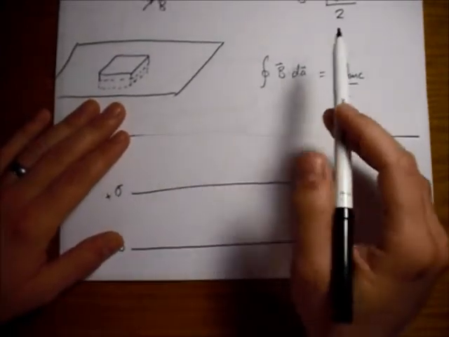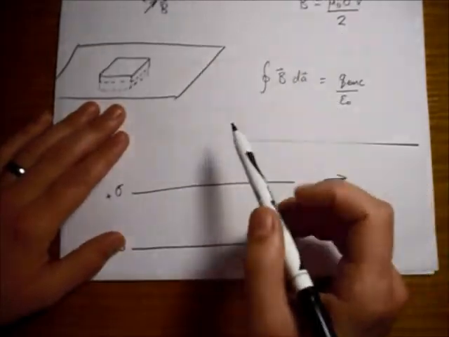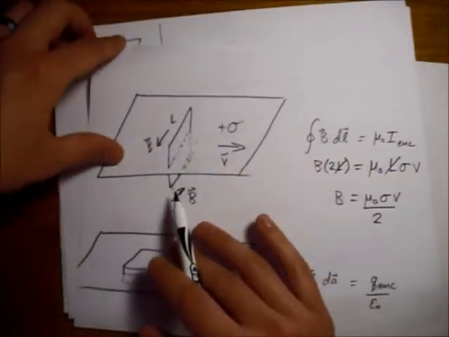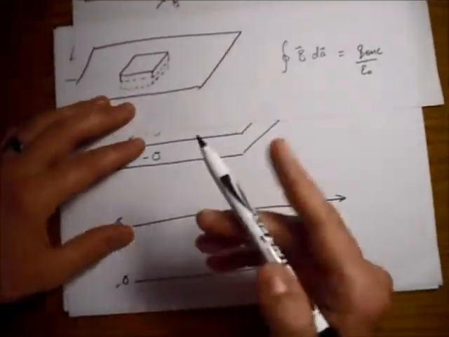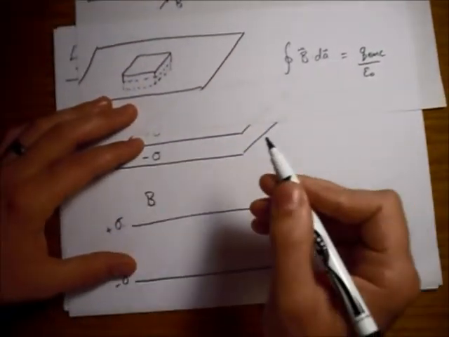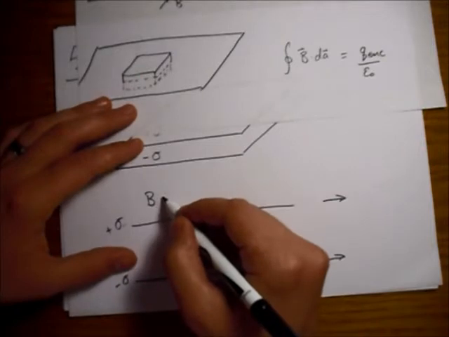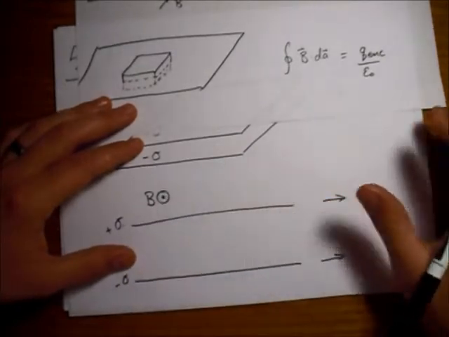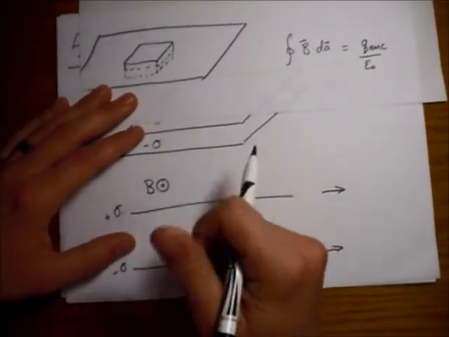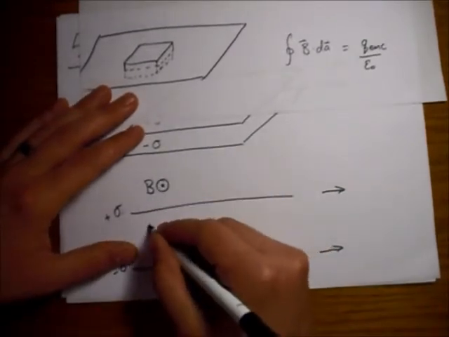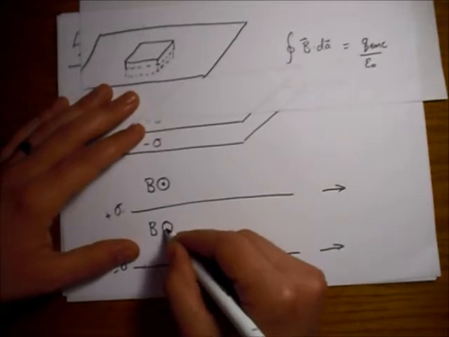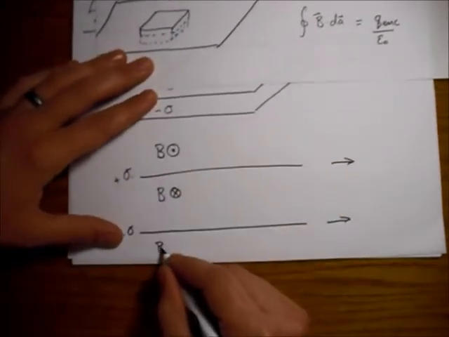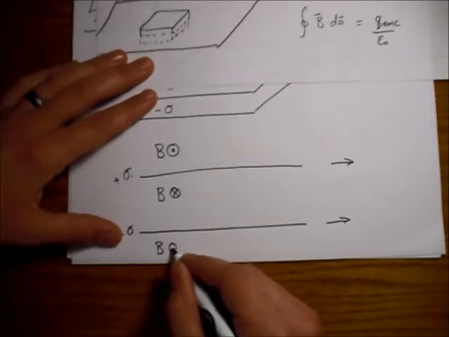Looking at this top plate, above the surface, B is pointed out of the page, so I'll draw the arrow pointing towards us. And below the surface, B is pointing into the page. And that also counts for down here.